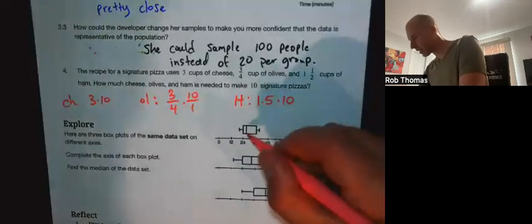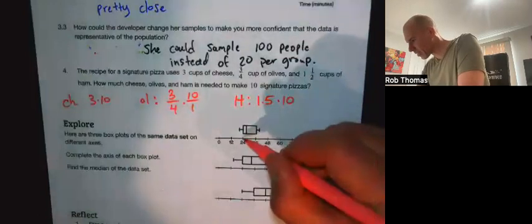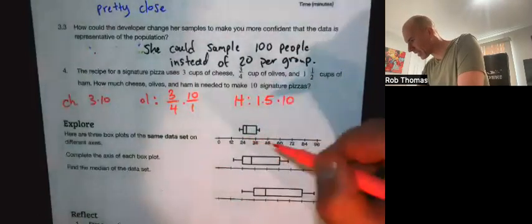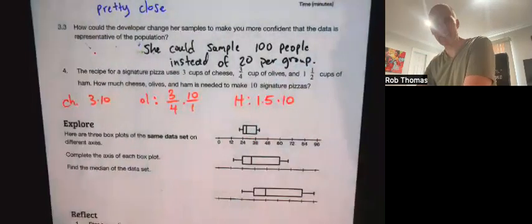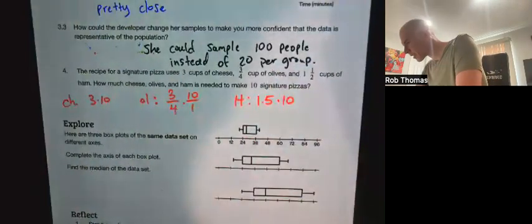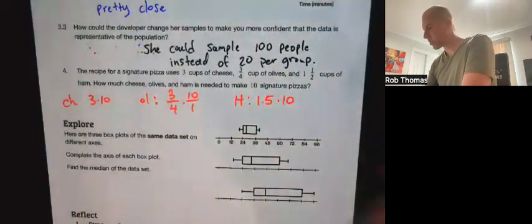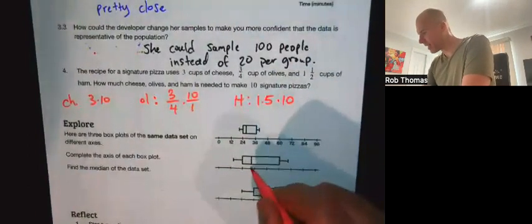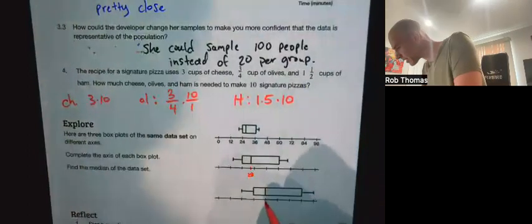So this median looks like it's at 24, 26, 28. I don't know. It's hard to say. Is it 26 or is it 28? I'd probably go 28. So if that's 28, then this has to be 28 and this has to be 28.